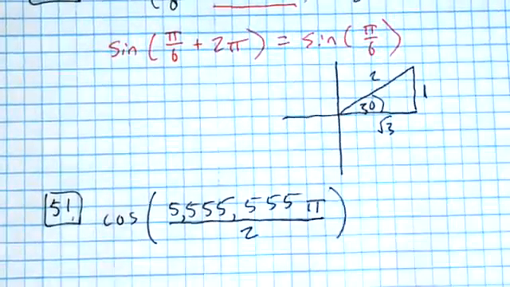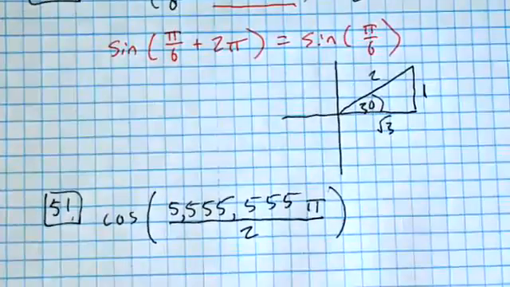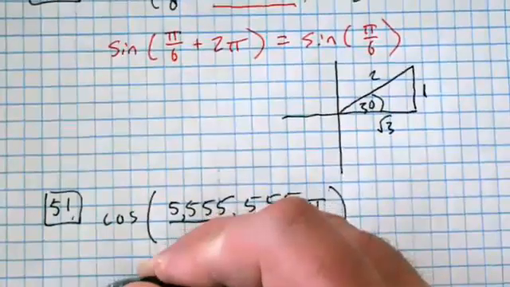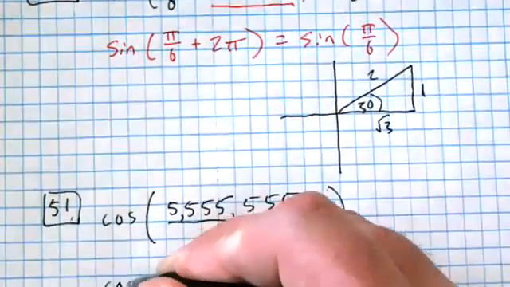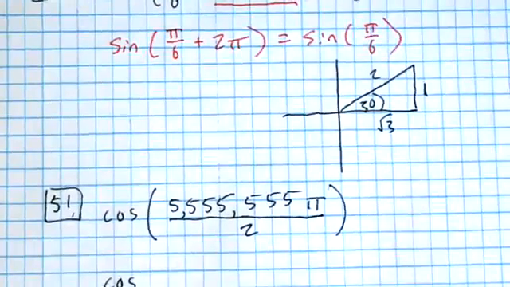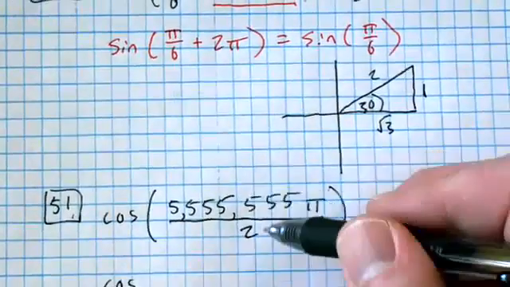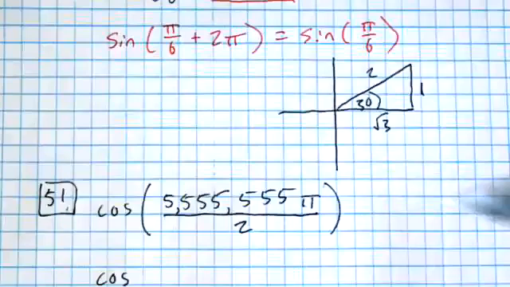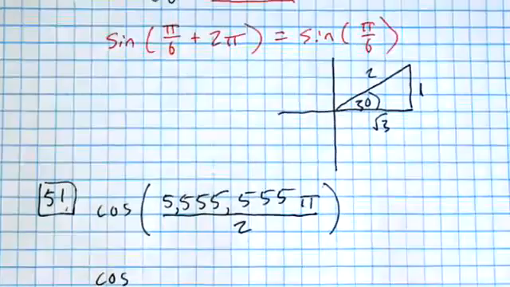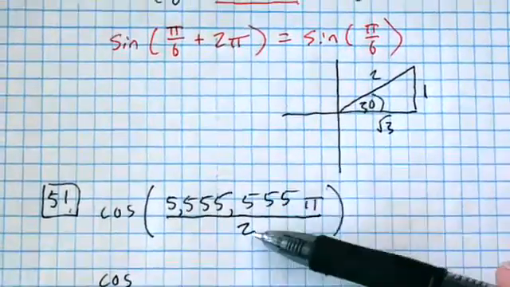Oh, okay. This is weird. What are we going to do with this? Let's try and rewrite this. I want to think of this fraction right here and try and write it as a mixed number. So what would you get if you divided all these 5s by 2?